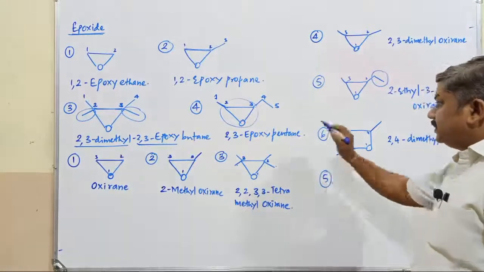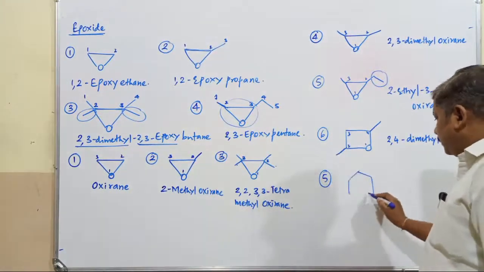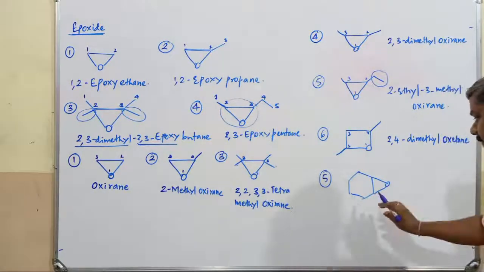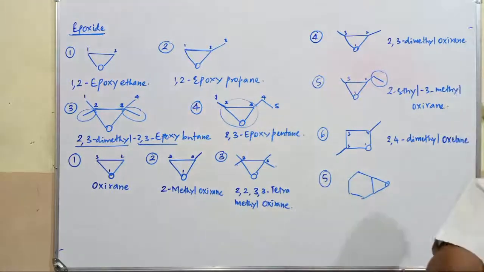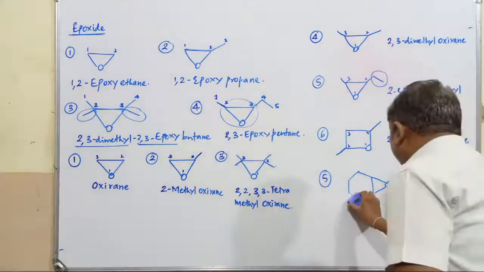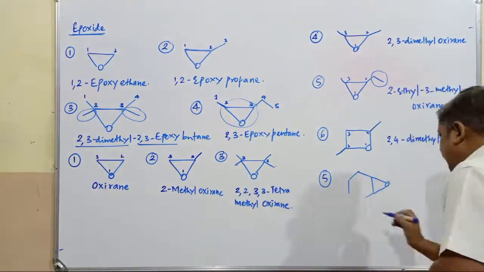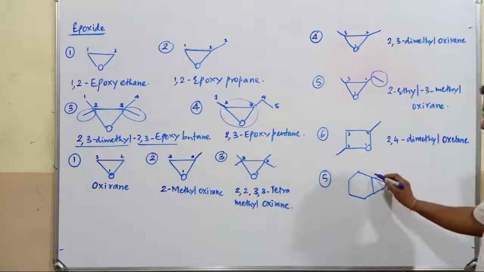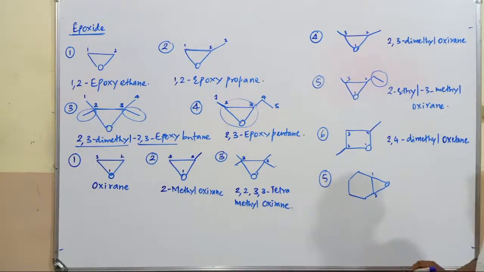Next one, by using the same epoxy method, this is the compound with oxygen. Another group is present. A complete cyclohexane ring is present here. What is the name of this compound? This is 1. This is found to be 2.